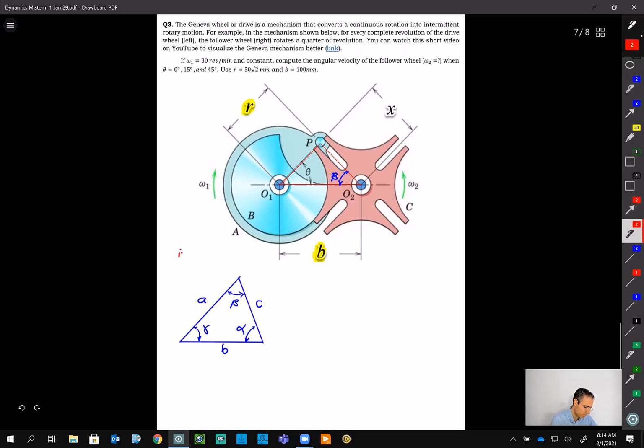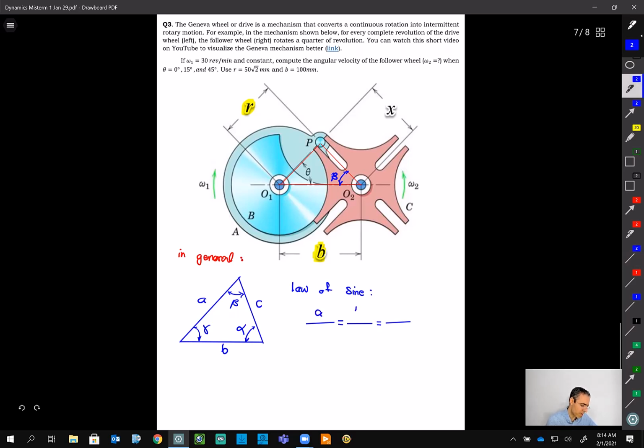In general, there are two laws. One is the law of sines. The law of sines is telling us that there is a relation between these three parameters.